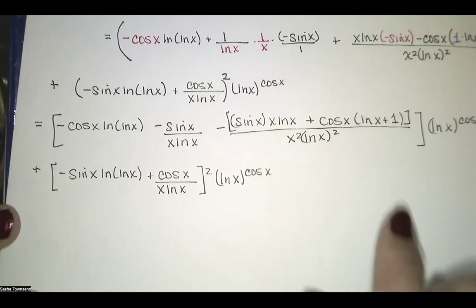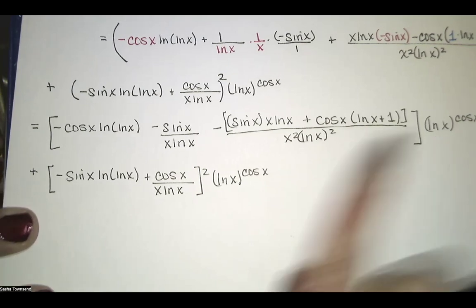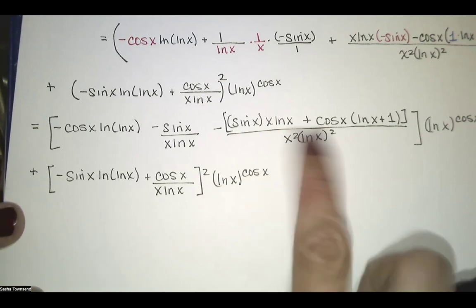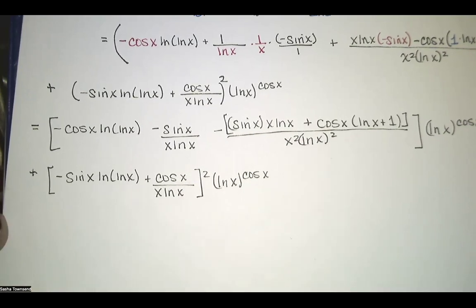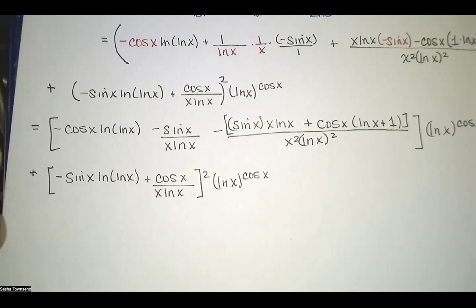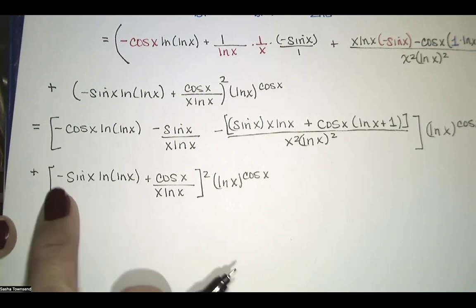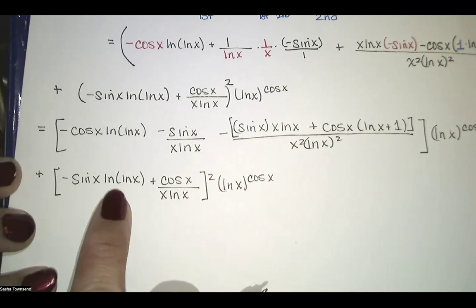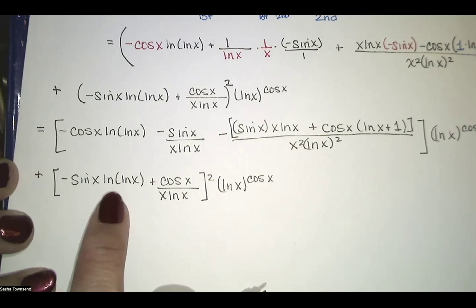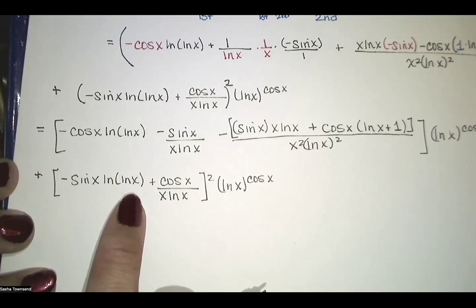Now, if you want to, you can factor out that natural log of x raised to the cosine of x with both of these terms and try to combine these. I don't know that we're going to have any simplification. I don't think it's going to simplify. If I squared this, I'd have this term squared, so I'd have sine squared natural log of x squared.